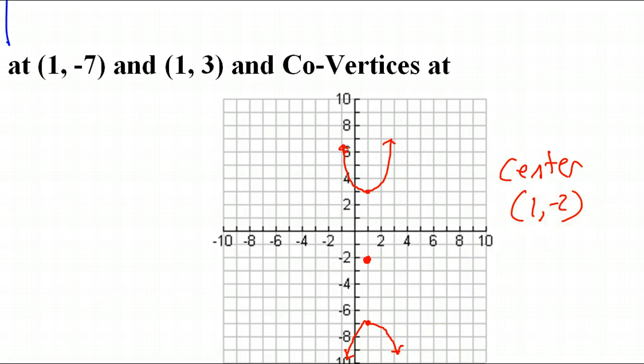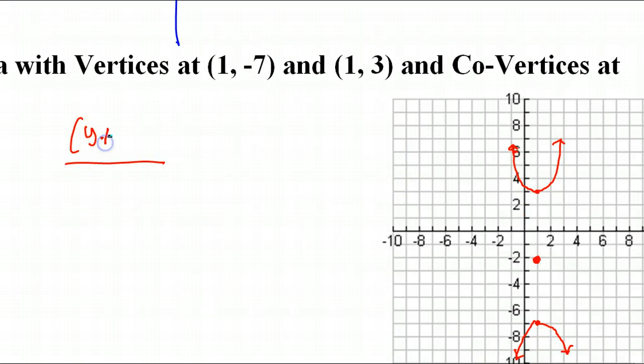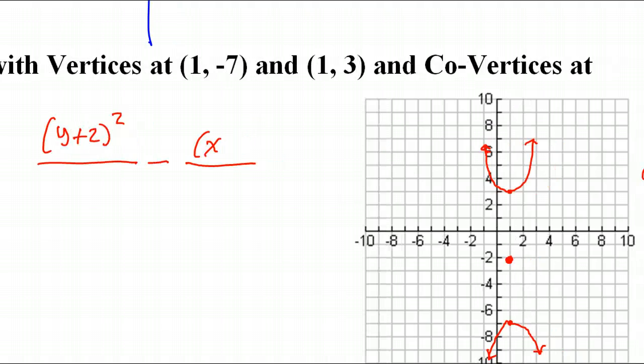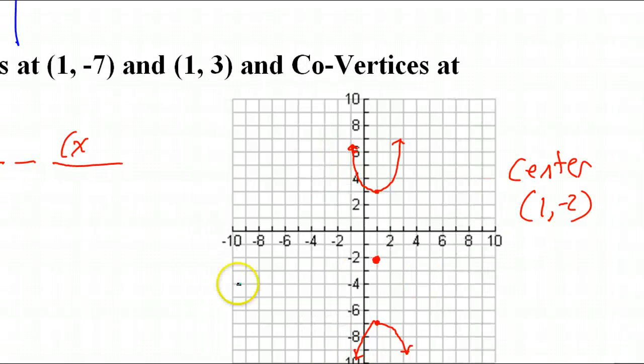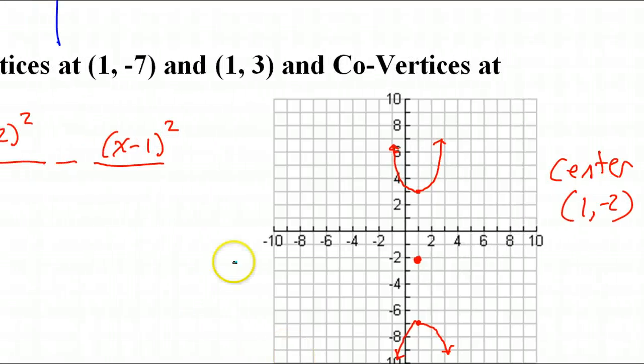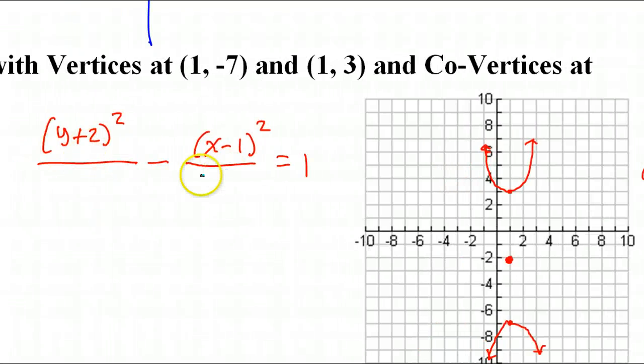So it'll be the opposite of this: y plus 2, so I'll have (y + 2) squared. And a hyperbola is always minus. And then it'll be x minus 1, the opposite of that, squared. And I know it's going to equal 1. So now it's just a matter of what goes down here.